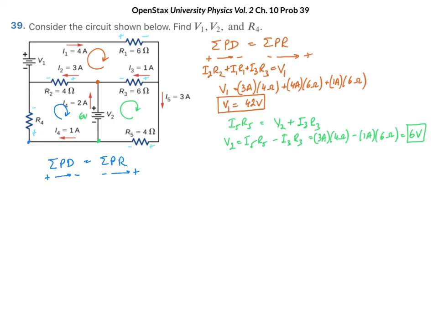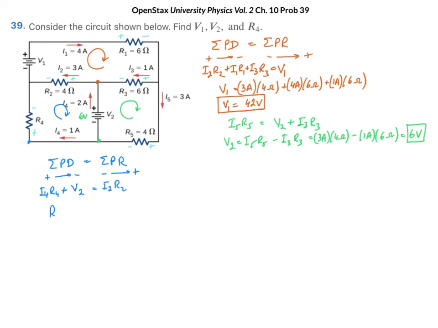So going through resistor 4, I have from plus to minus, so that's a drop. So I4, R4 goes on the drop side. R2, we're going in this direction from minus to plus, so that will be a rise. So that is I2, R2. And then we'll continue going through V2 from plus to minus, that is another drop. So that goes on this side of the equation.